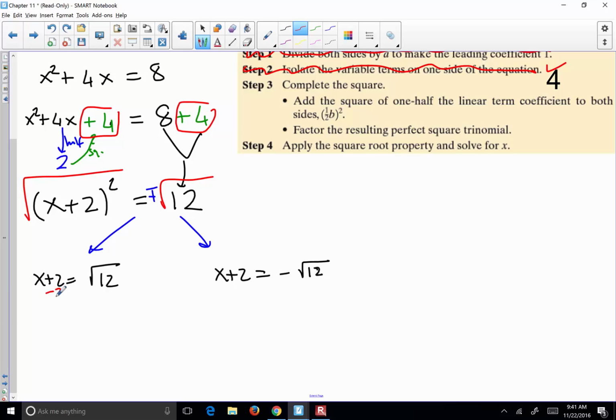And I need to get x all the way by itself. Now how do I subtract these two? I can't. So I put minus 2, positive root 12 together. And these two cancel. Minus 2, minus root 12.